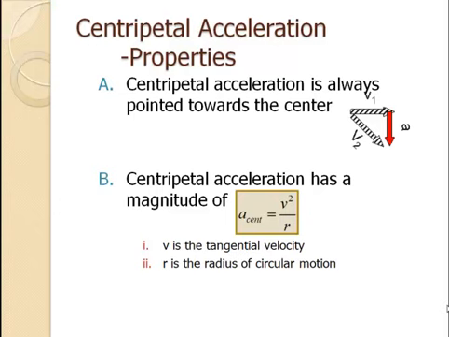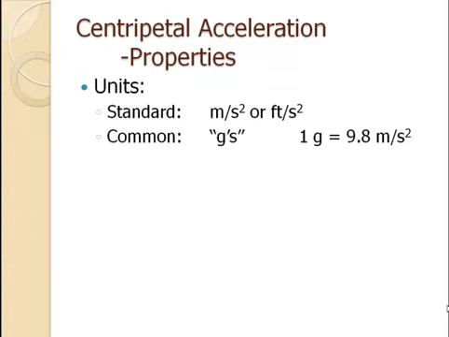If you were to imagine that object continuing to turn in a full circle, what would the radius of that circle be? Centripetal acceleration also has units, and they're the same units that we have for regular linear acceleration. So the standard unit would be meters per second squared, or in the English system, feet per second squared.